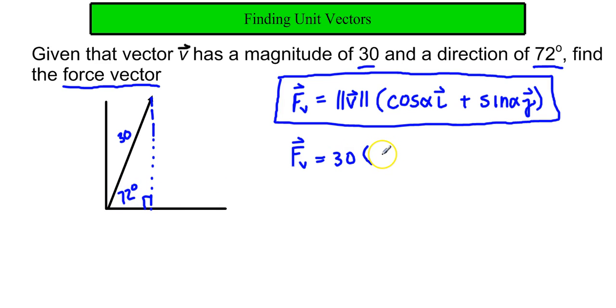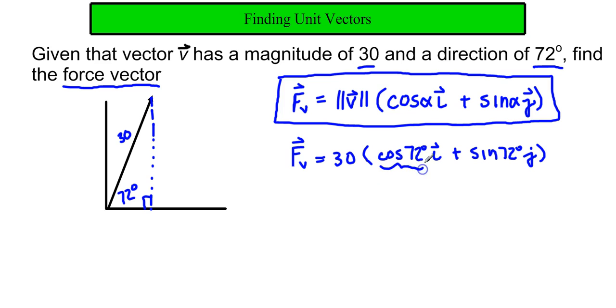So the cosine of 72 times the basis vector i plus the sine of 72 times that basis vector j. So we plug this into our calculator.